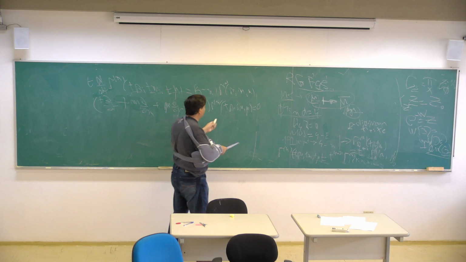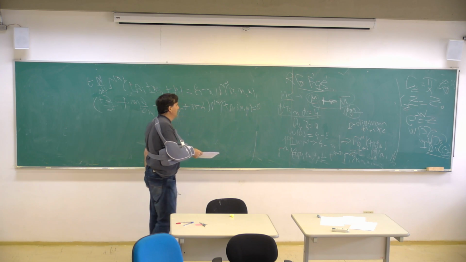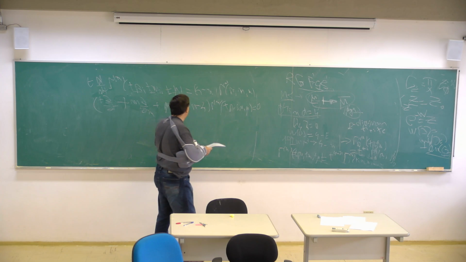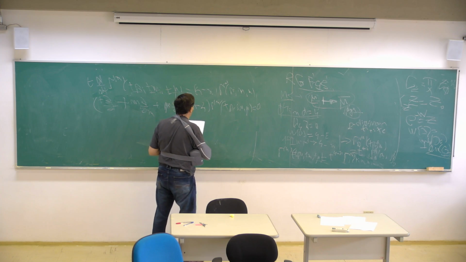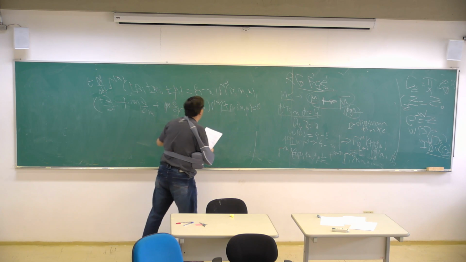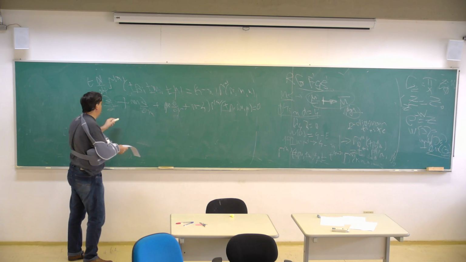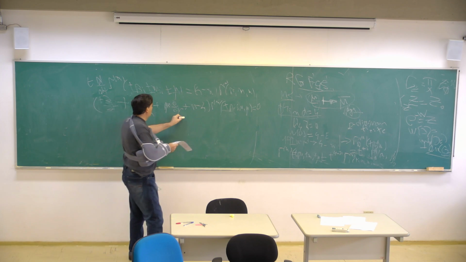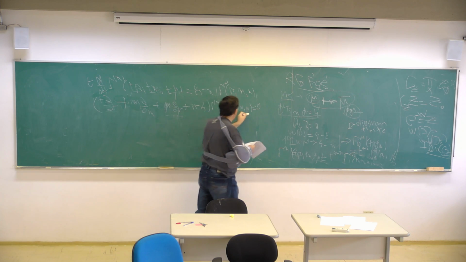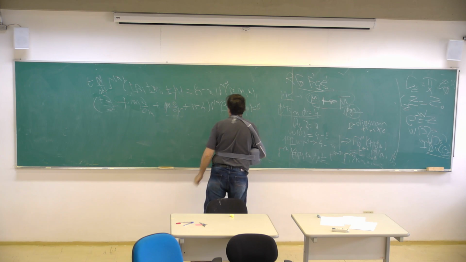So now I have a running that relates the two. I relate this, which is basically the dependence with respect to mu bar, with this, which is the dependence on mu.